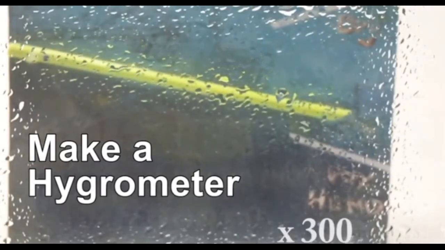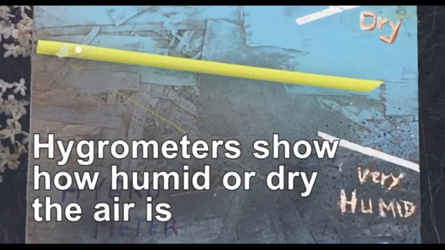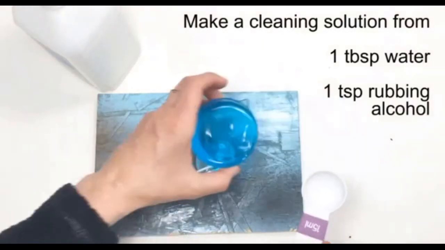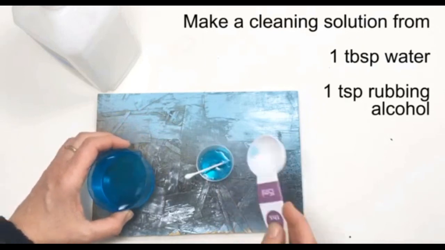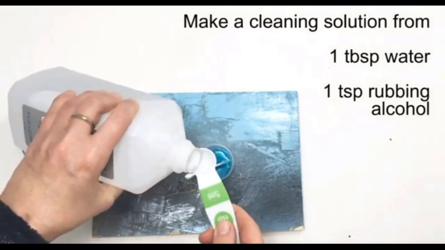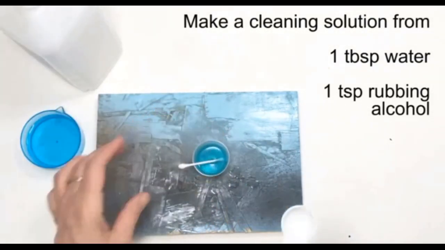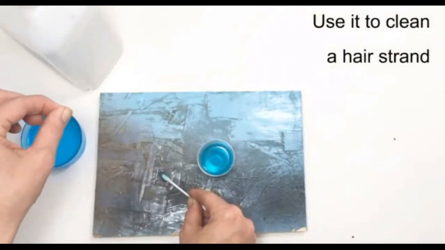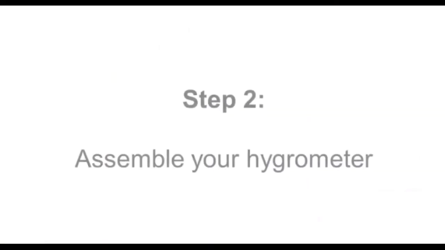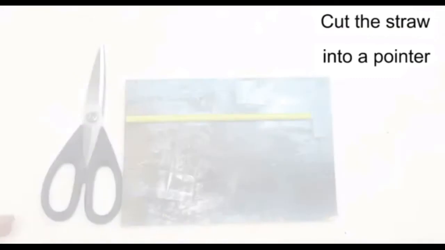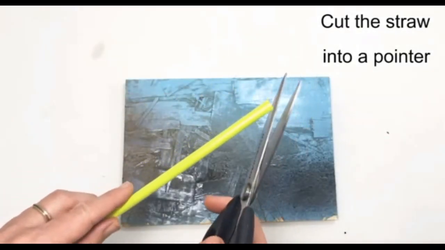Let's make a simple hygrometer. First, clean the hair. For that, you can use 1 tablespoon of water and some alcohol. Step 2. Assemble your hygrometer.